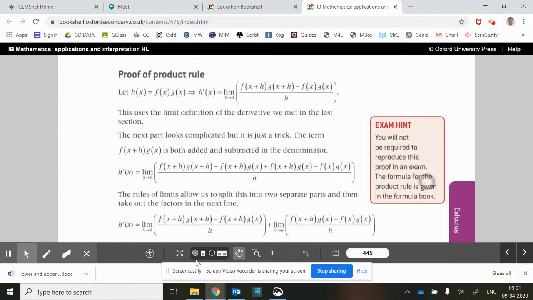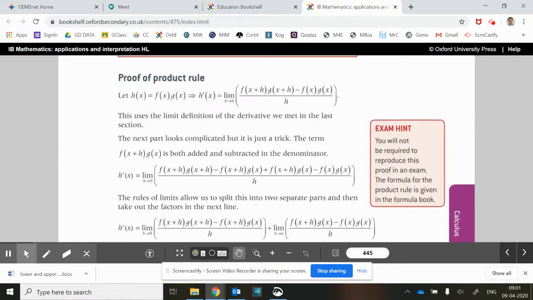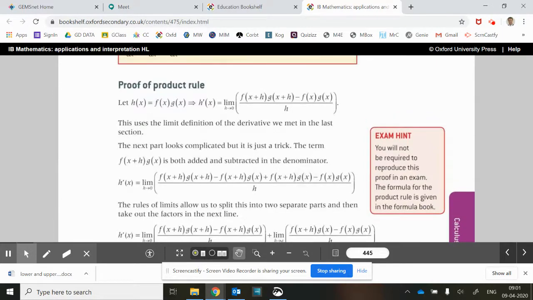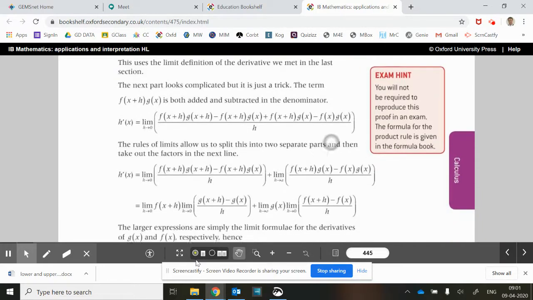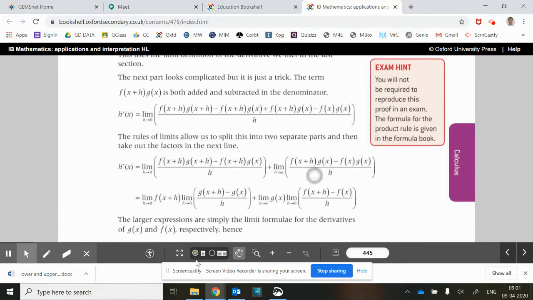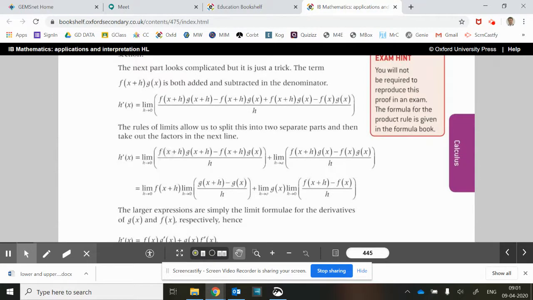Just to say there's a kind of interesting step here that when you go from this to this, they've added in this f of x plus h times g of x and subtracted the same thing as well, which is a nice little trick in order for them to split this thing into two separate limits and then bring out the f of x plus h and the g of x on the other side.